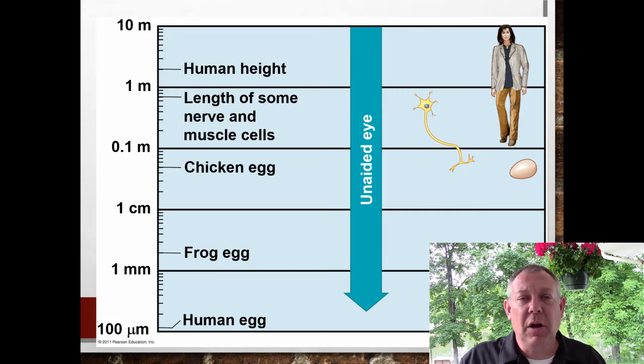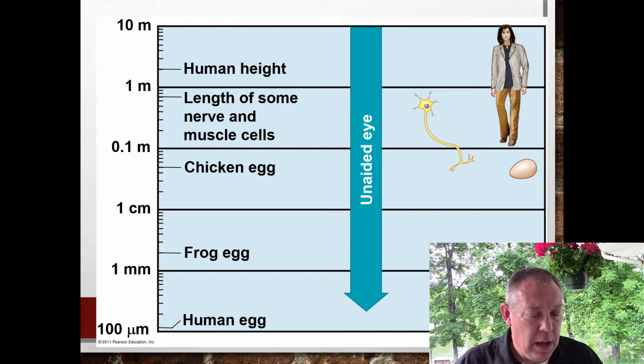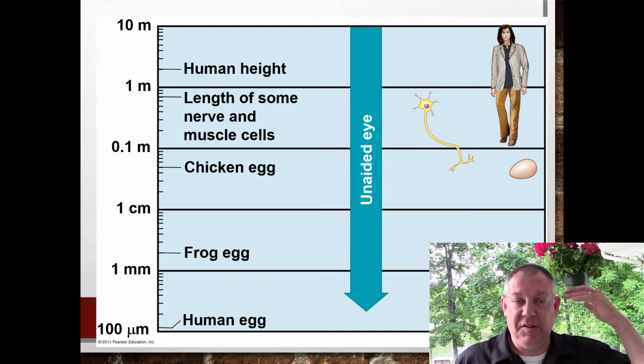It's also to briefly introduce the concept of microscopes, why we use them, and which microscopes are appropriate for which things. In lab we're going to talk about microscopes a little bit.